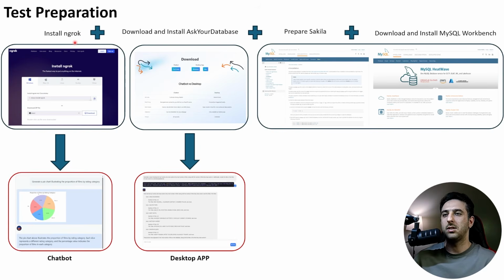So again, as I mentioned, there are two approaches that I want to show you. First is the desktop app itself, as we can see here. And also, we can create a chatbot on the AskYourDatabase website, connect it to a database remotely, and then integrate that chatbot into our application. Since I don't have a remote database, I want to use ngrok to somehow synthetically create that scenario.